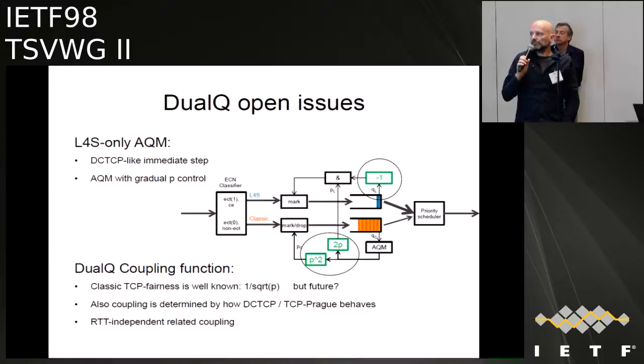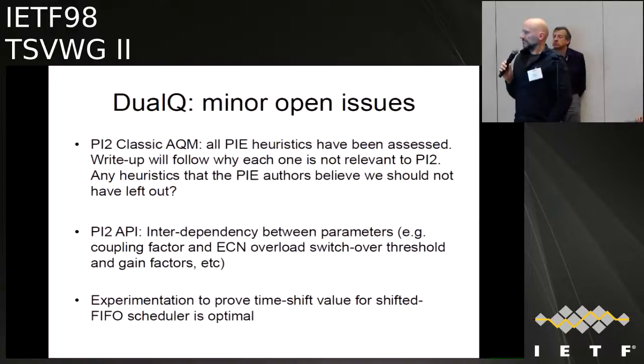So now there is a constant of 2. Will that be the same when we have TCP Prague? Maybe we need another constant. And also for round trip time independence, we might have another constant or another function. That's still to be discussed. Okay, next slide.